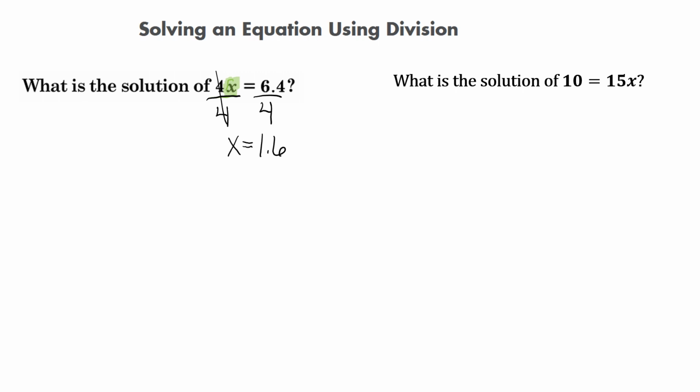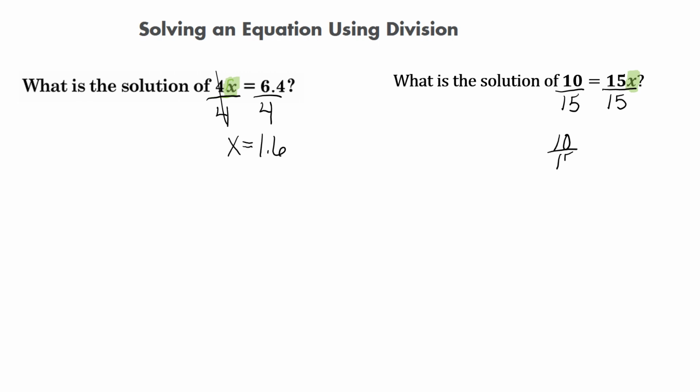All right, let's look at the next one. What is the solution of 10 equals 15x? Again, we're going to isolate that variable, which is an x here. It's being multiplied by 15, so we've got to undo the multiplication by dividing it by 15, but we need to do that on both sides, right? What we do on one side, we must do on the other. So 10 divided by 15, we'll just put that for now.